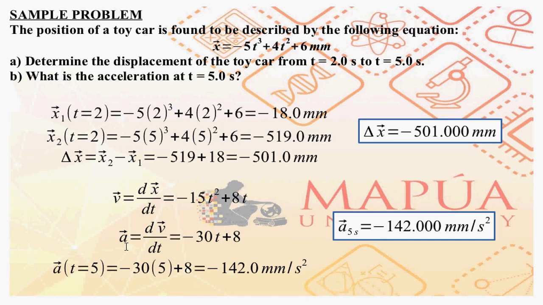Now that we have the equation for acceleration, we just plug in t is equal to 5 seconds. The acceleration is negative 142.000 millimeters per second squared.